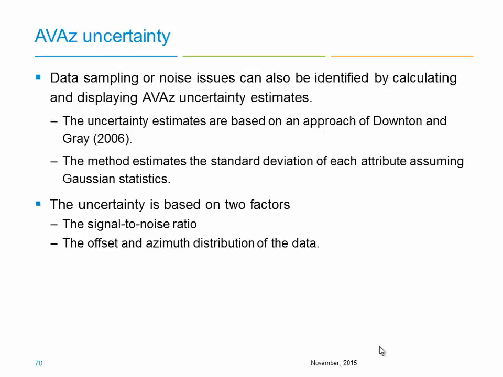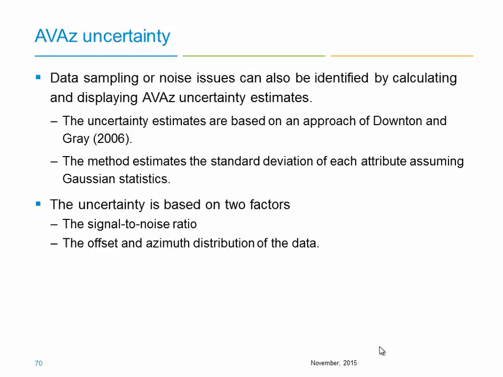The other thing we did was we put in the ability to estimate the uncertainty based on a paper Dave Gray and I did back in 2006. And the method will estimate the standard deviation of each of the attributes, assuming Gaussian statistics. And the uncertainty is really based on 2 factors.